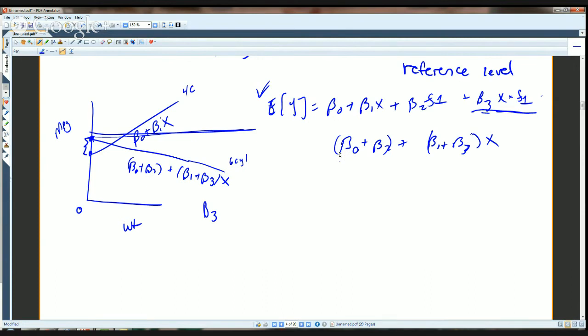So you need to be very careful in omitting main effects, because it may be the case that for level f1 equals 0 or for level f1 equals 1, a horizontal line just doesn't make any sense. And so you want to be careful with doing that. But if you really know what you're doing, if you understand all these principles, then there are times where you might want to do that.